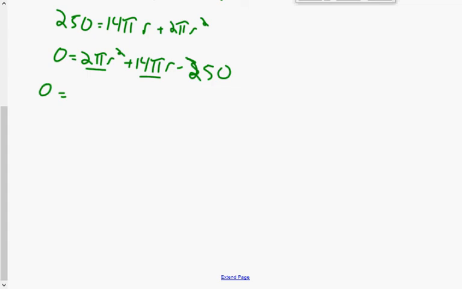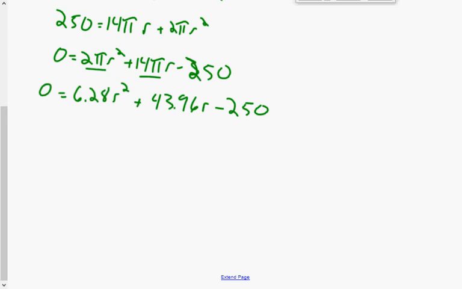And I'm just using 3.14 as pi. So this becomes 0.28 r squared plus, okay, so there are my values.